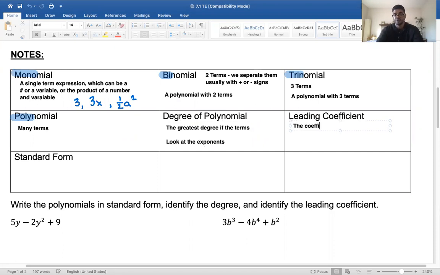Coefficient just being the number in front. And when we write polynomials, we want to typically put them in standard form. And so that's when your exponents decrease from right to left.